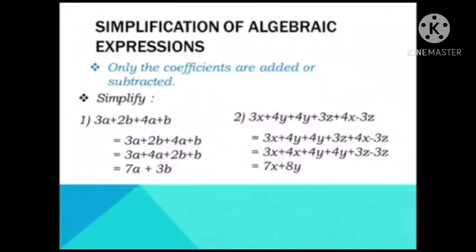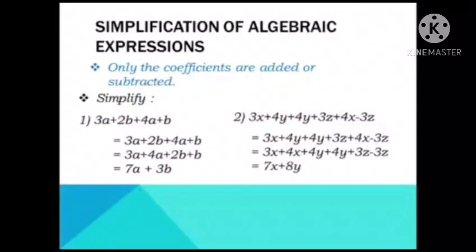So 3x plus 4x is 7x, plus 4y plus 4y is 8y. If you see the z, plus 3z minus 3z, they can be subtracted. So 0, that we don't need to write.